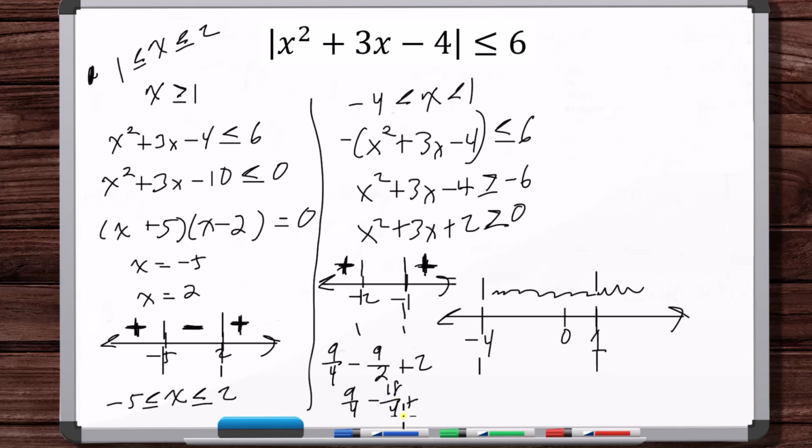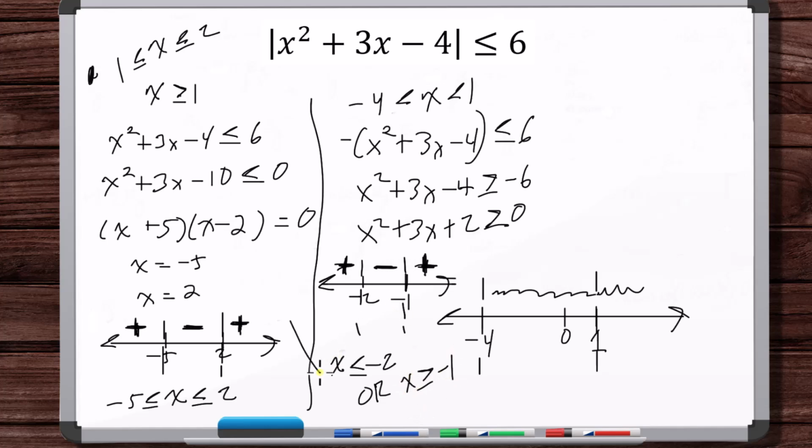So this is going to be negative. Okay, so now where is this greater than or equal to 0? Well, we can see that's going to be when x is less than or equal to minus 2, or when x is greater than or equal to minus 1.